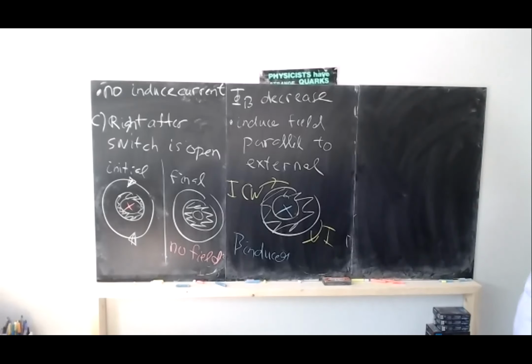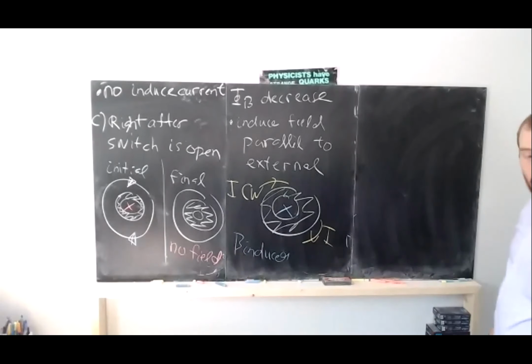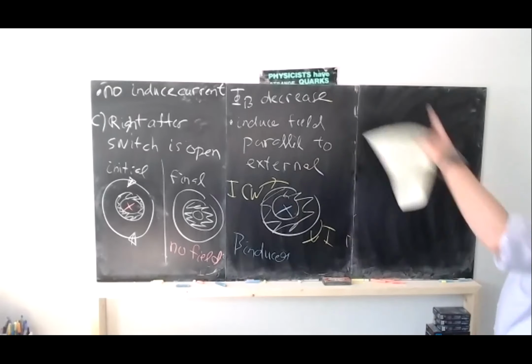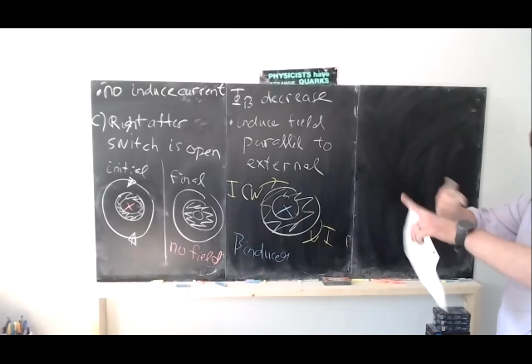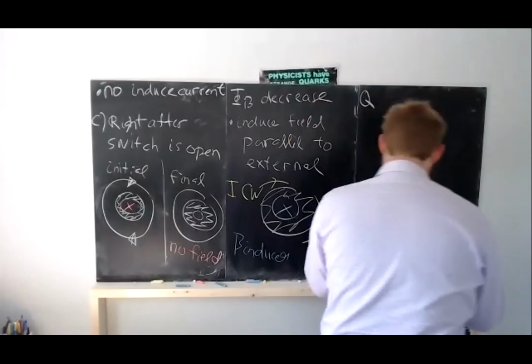So we're now going to naturally take the extension of this. There's this little game here of big loop, little loop, and each of them having currents through them. So, conceptual question.